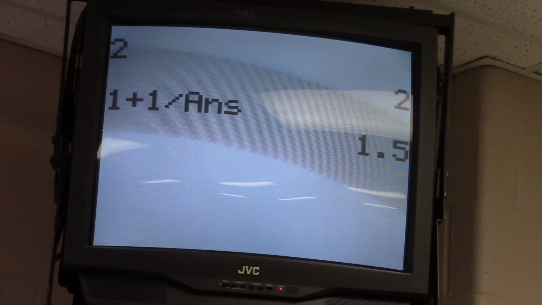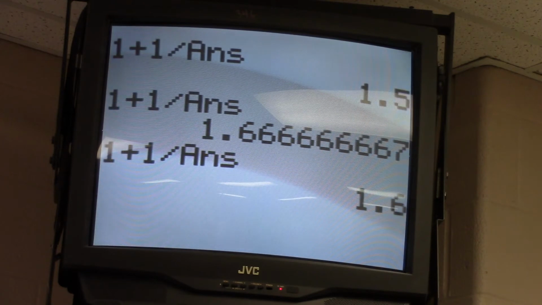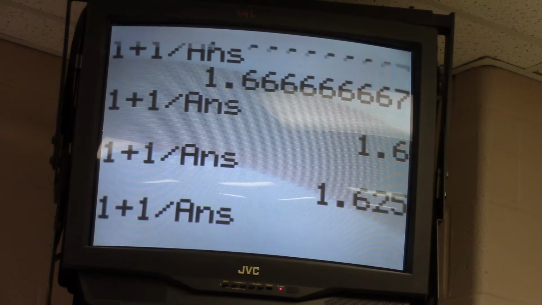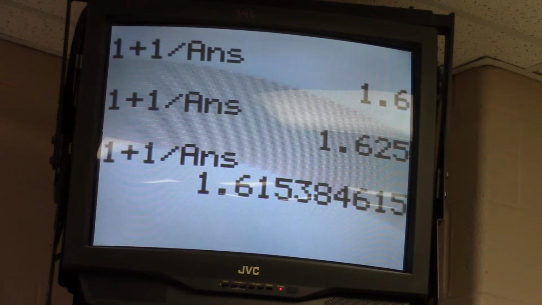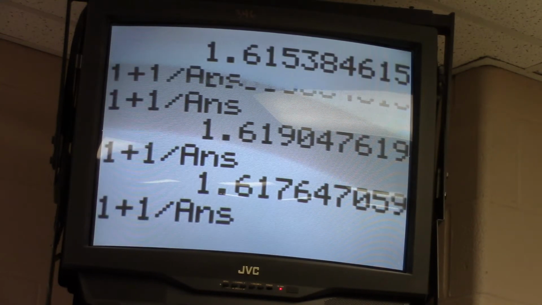And that's going to give the next number, right? And then because it's just a calculator, you can just enter, and it's going to again do 1 plus 1 over answer. That's 5/3. Everyone following this? Yes. Hit enter again. That's 8/5. Enter again. That's 13/8. Enter again. That's 21/13. Everybody knows that. Keep hitting enter.